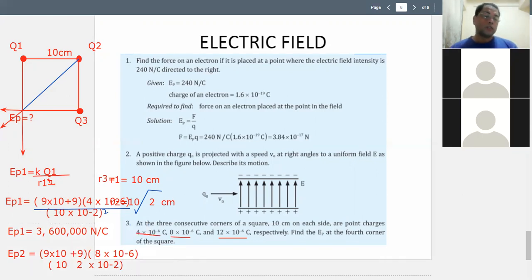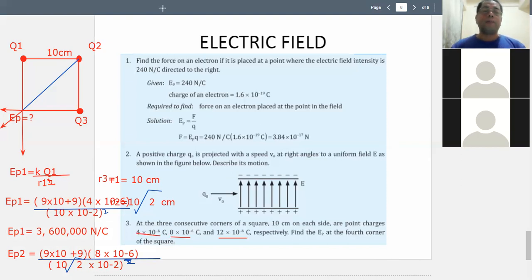So, there's an addition of square root of 2. So, you can't use just 10. That's 10 square root of 2, and then we square this whole thing, and then we also divide this whole thing. Okay, so how much is our E sub P?